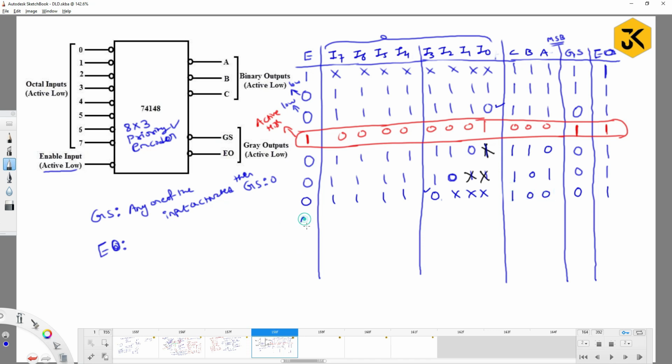Right? Similarly, here the case is 0 followed by 110. All are don't cares, and you are going to get 100. 100 means 011. This will be 0 and this will be 1. 0 1 1 0 don't care, don't cares, and this will be 0 1 0.